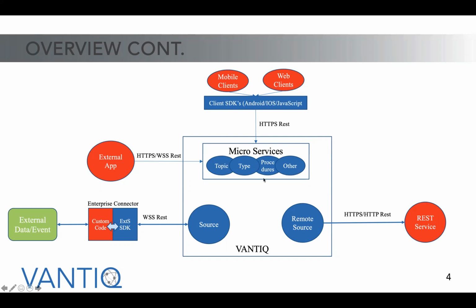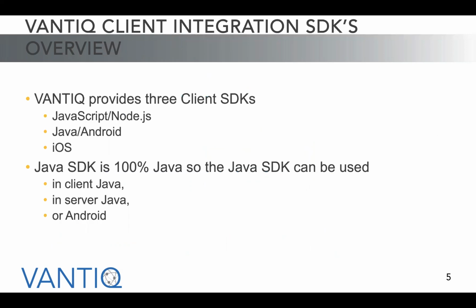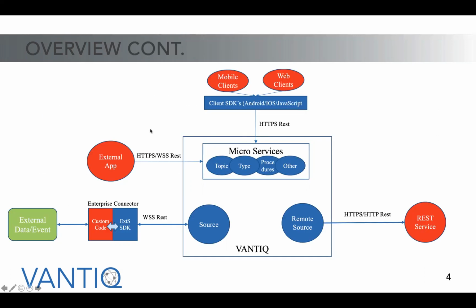But sometimes, depending on what you're doing, using the REST API may not be the best approach. Every time you're posting something to a topic, you're doing a REST call, authenticating, opening a connection, posting the event to the topic, and then closing that connection.